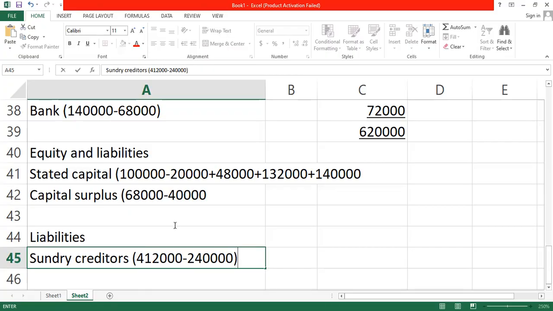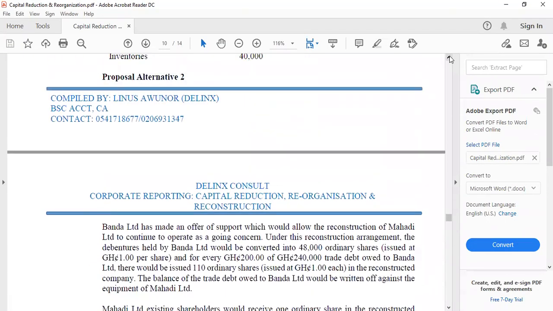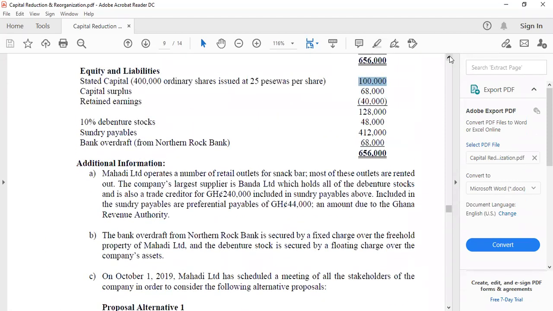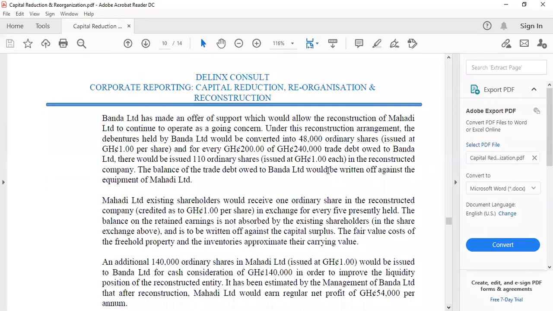Let's come to another issue. Another issue is about reducing the equity shares of the company. What is the new value of the equity shares now? In the new company, it's 80,000, isn't it? So we are making a gain of 20,000.